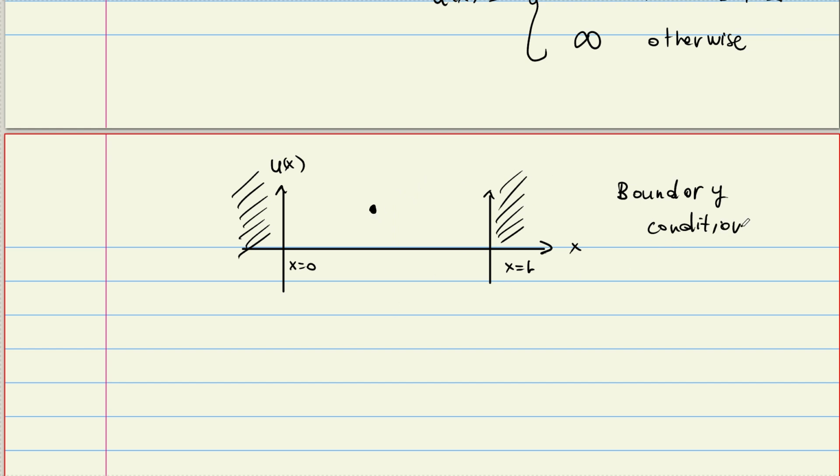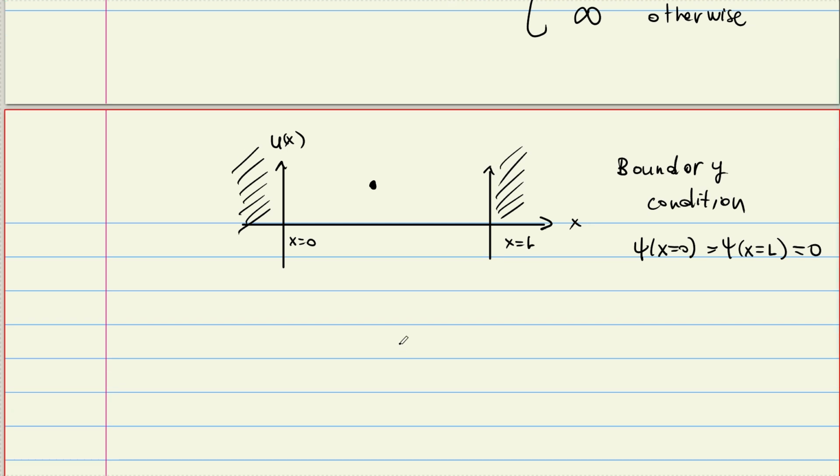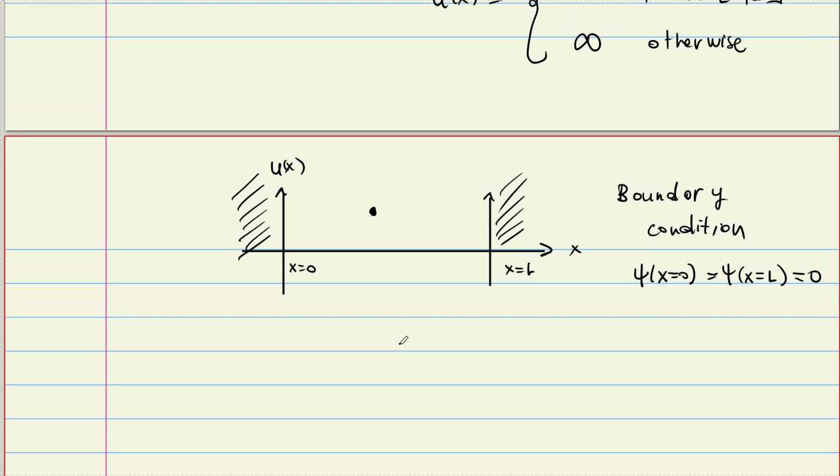And the boundary condition here is, because U is infinity at x equal to 0, I expect psi of x equal to 0, and in the same way psi at x equal to L, to be 0. Good? Any questions?